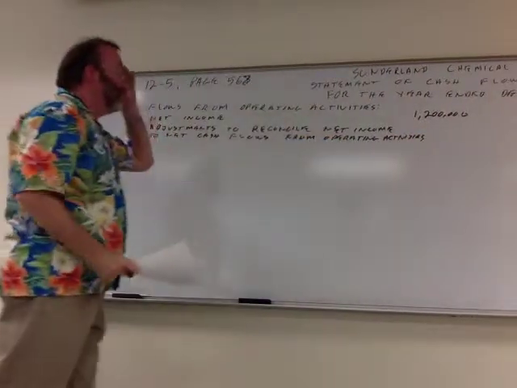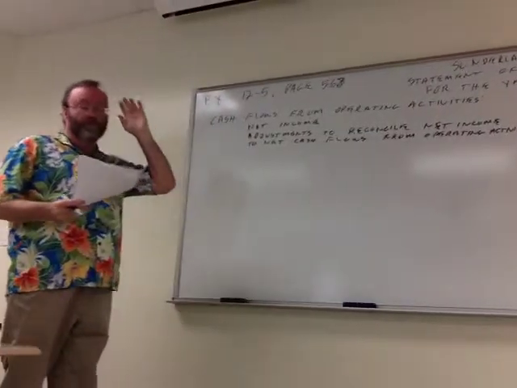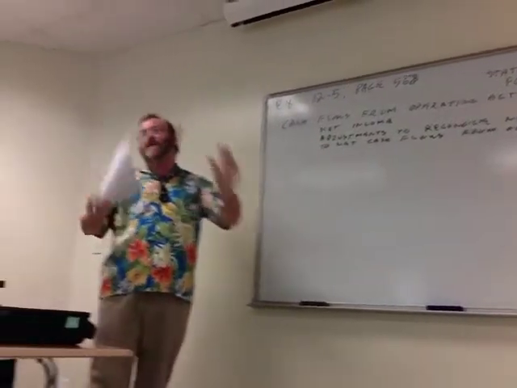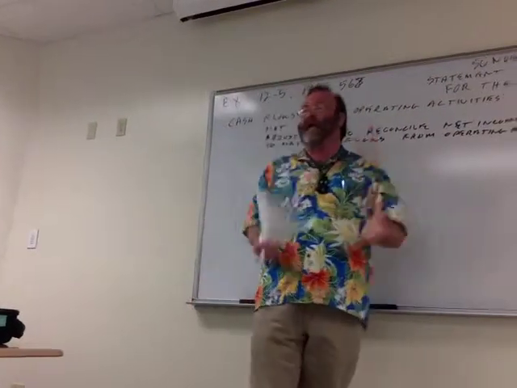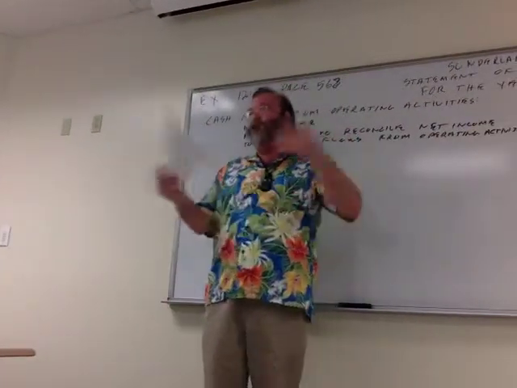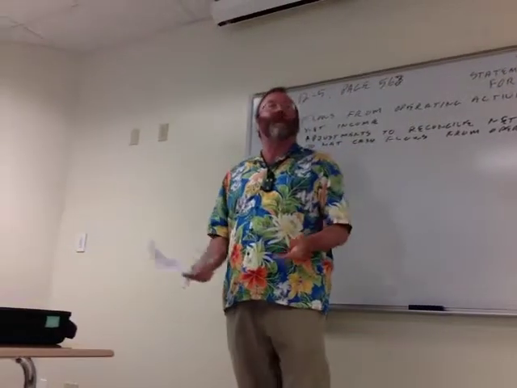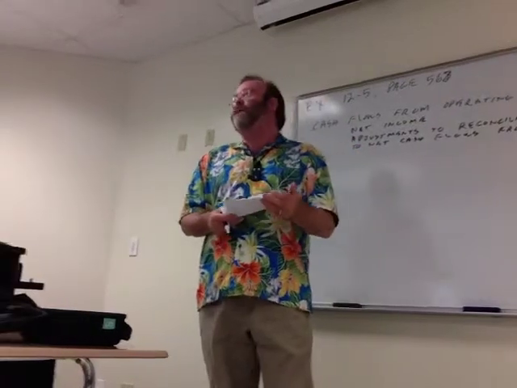From operating activities. So, reconciliations on the income statement are any expenses that are non-cash in nature. So depreciation, you spent the cash when you went out and bought some sort of property, plant, and equipment, some sort of tangible asset that you then depreciated.